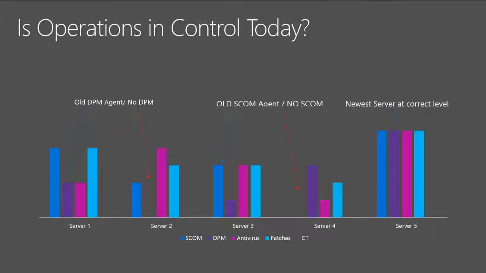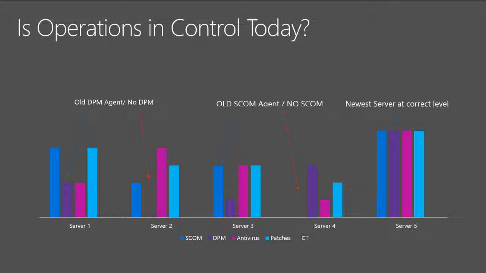In the real world, this is often what it looks like. I have different versions, so on some servers I might have a DPM agent, on another server I don't have a DPM agent, and so on and so forth. Some servers I might not even have Ops Manager.